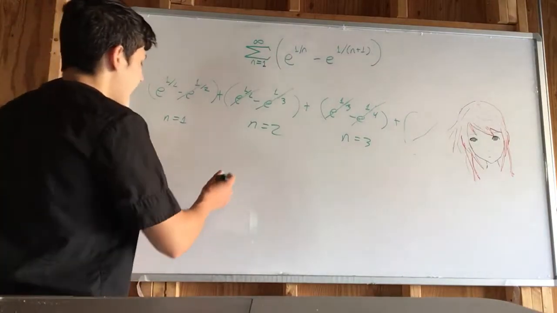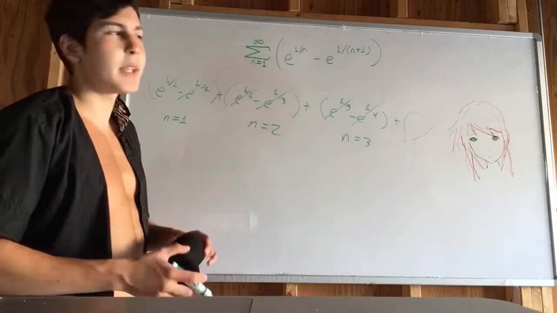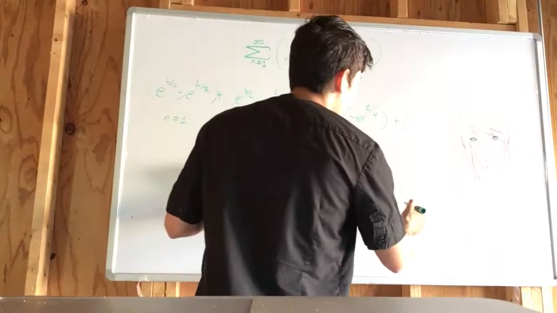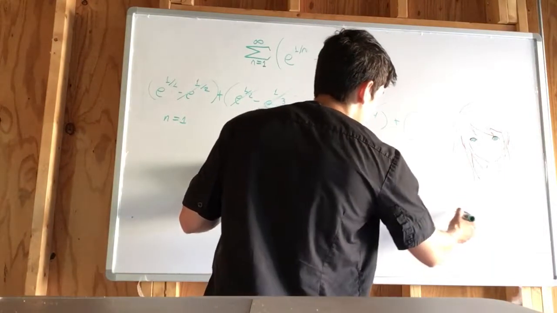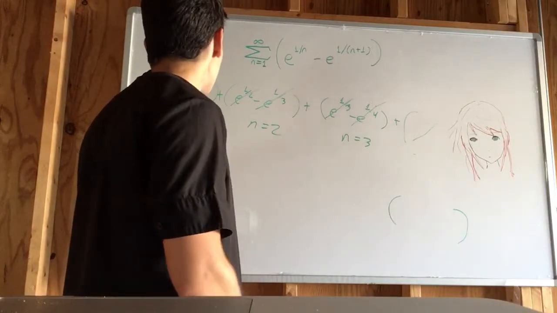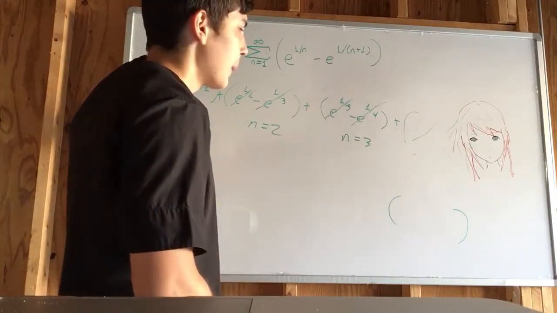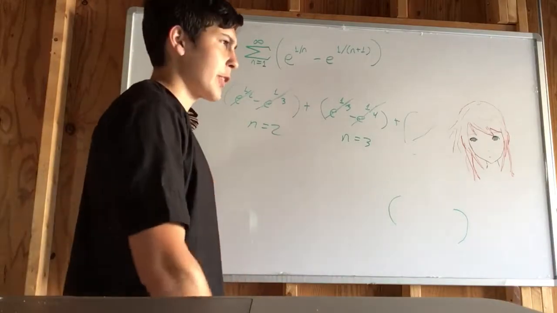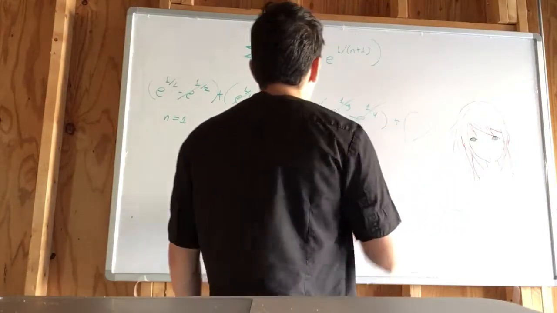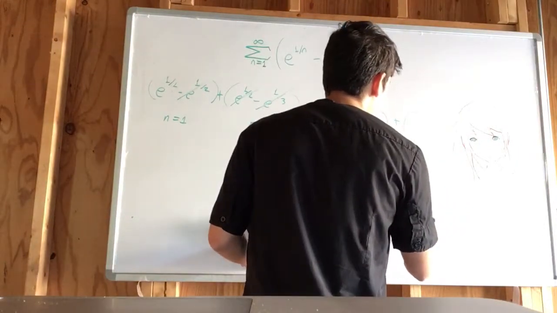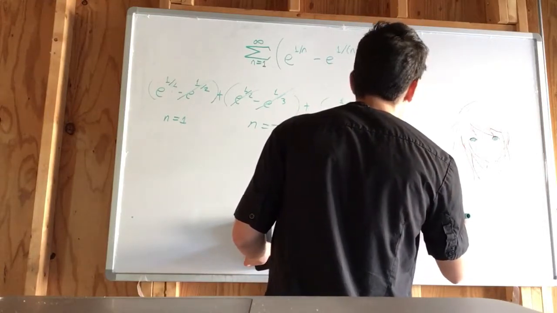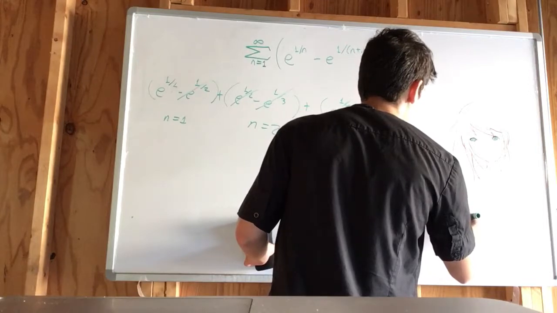And now we have to observe what's going to be the behavior near the end of the series. So near the end of the series, we're just having one term that we're really looking for, because we just had one term that survived here. There's just going to be one term that survives over there. And so the term that survives in this case, we have to plug in e to the 1 over n minus e to the 1 over n plus 1.